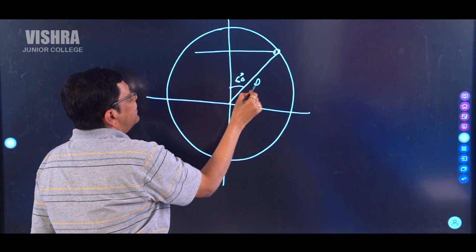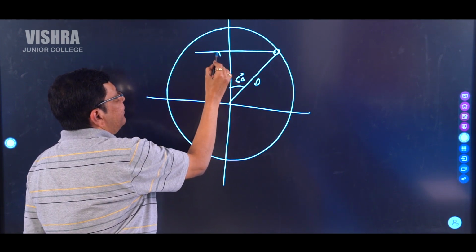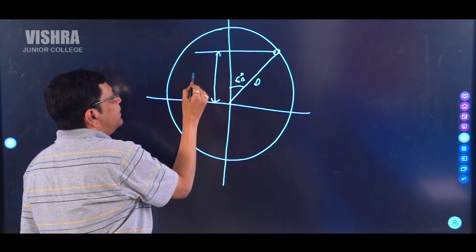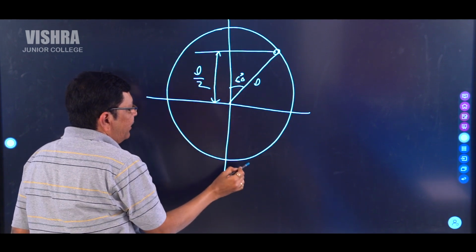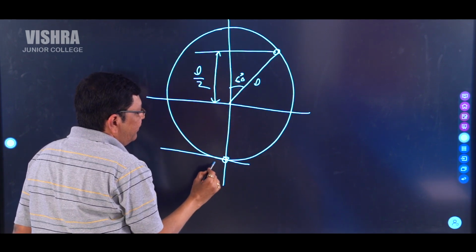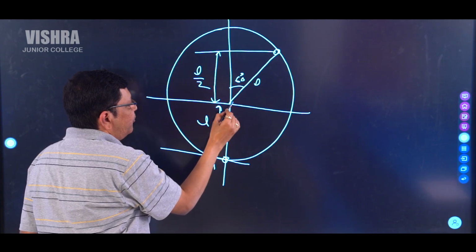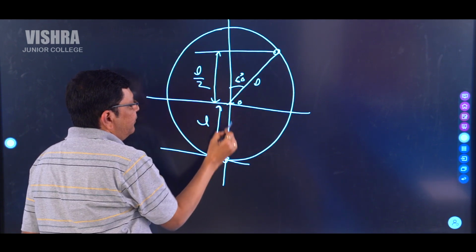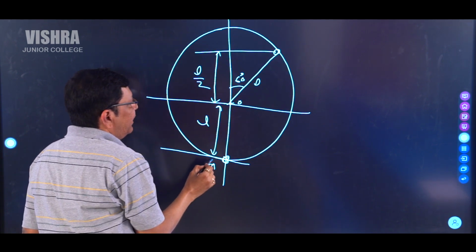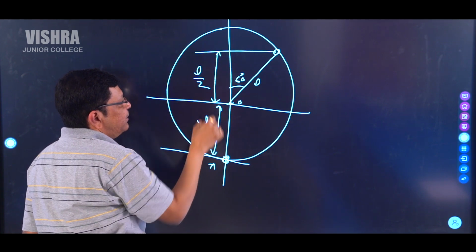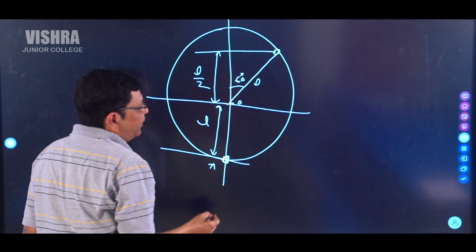So the length of the string is L and this side will be L cos 60, that is L by 2, and from point A, this distance is also L, because it is from the bob to the point of suspension O. So the total height of position C is L plus L by 2, 3L by 2.